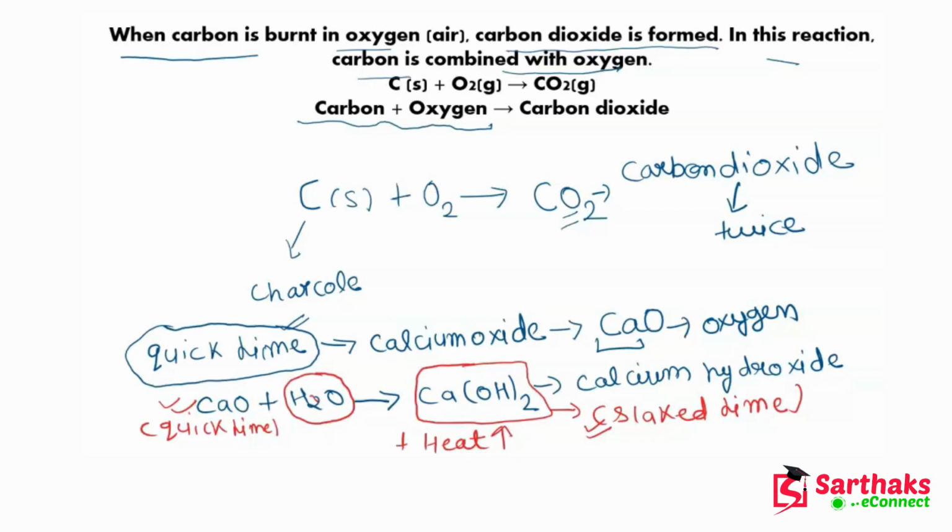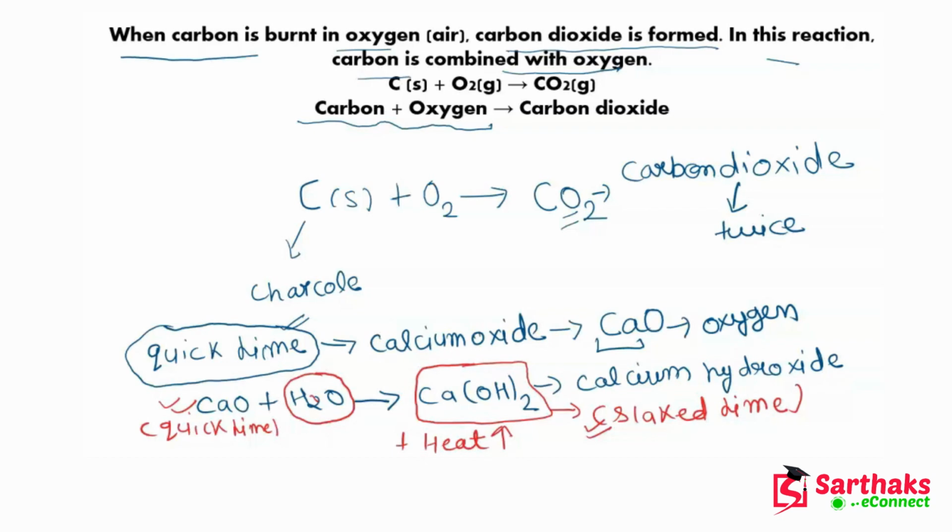When we mix water in that quicklime, calcium hydroxide is formed, and this calcium hydroxide is painted on the walls to make the walls shine.